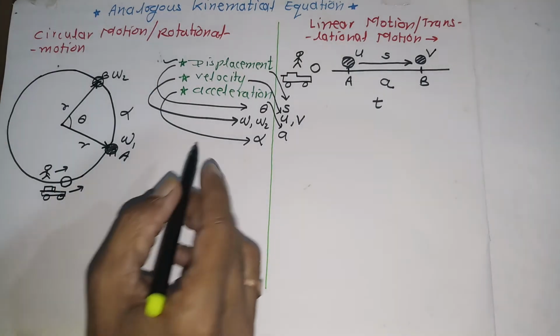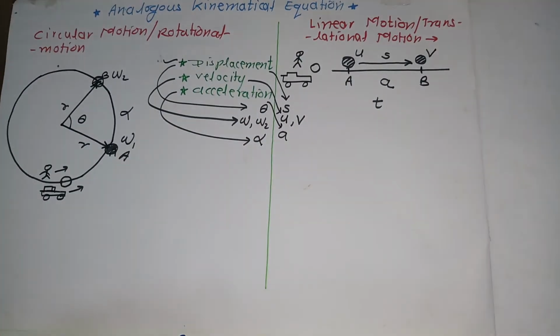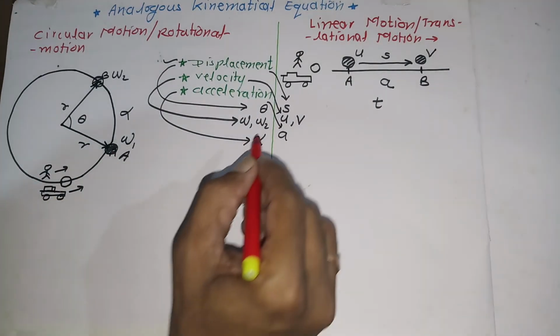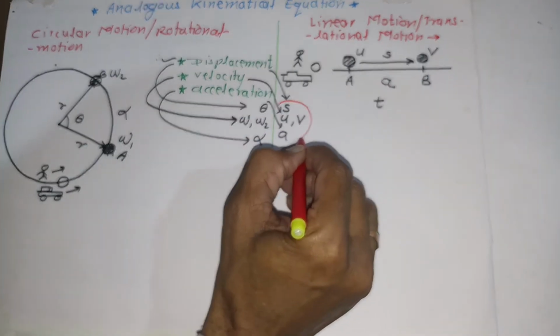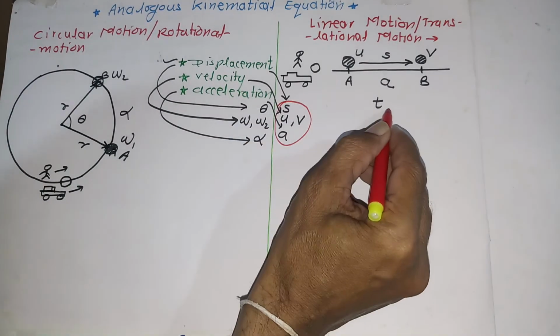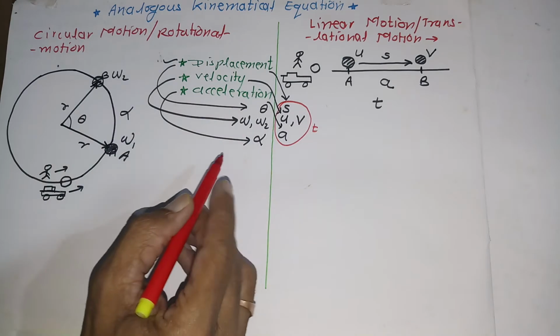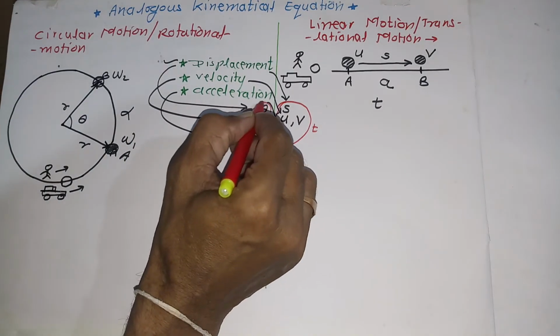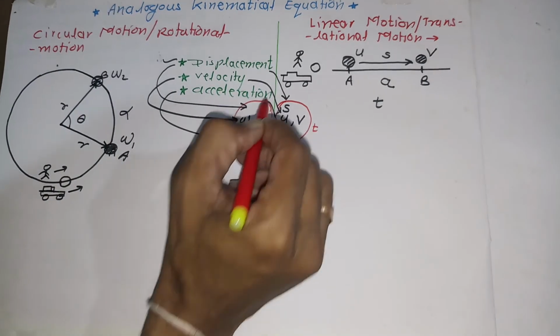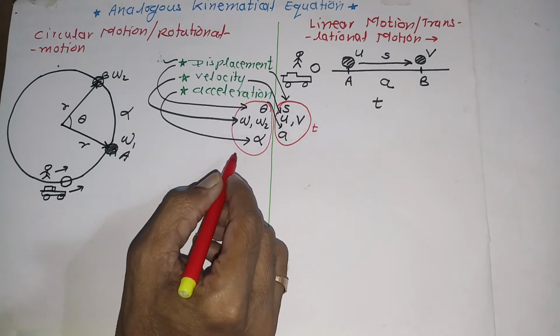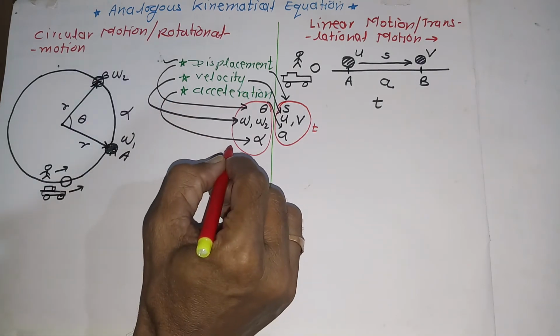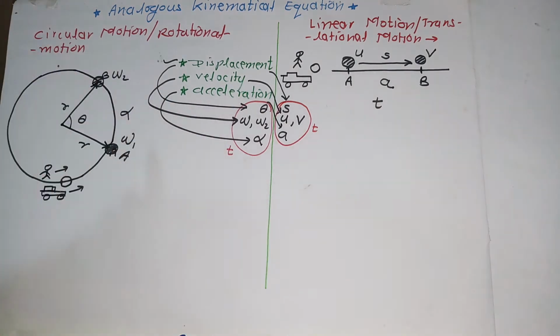So these physical quantities we have to consider while considering the kinematical equations, and there are different kinematical equations in terms of these physical quantities along with time. Similarly, with analogous physical quantities in circular motion, we have to prepare the kinematical equations for circular motion as well. So which are those kinematical equations?